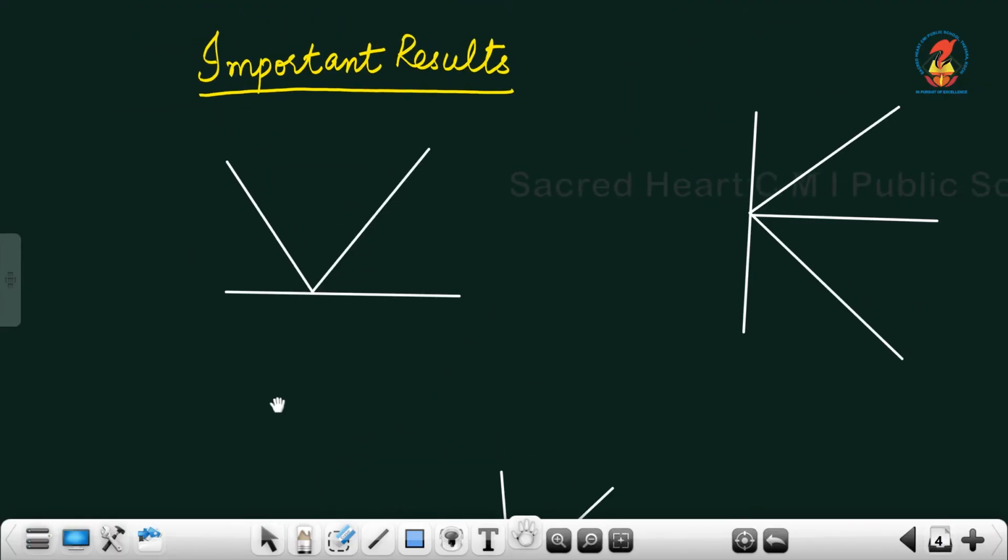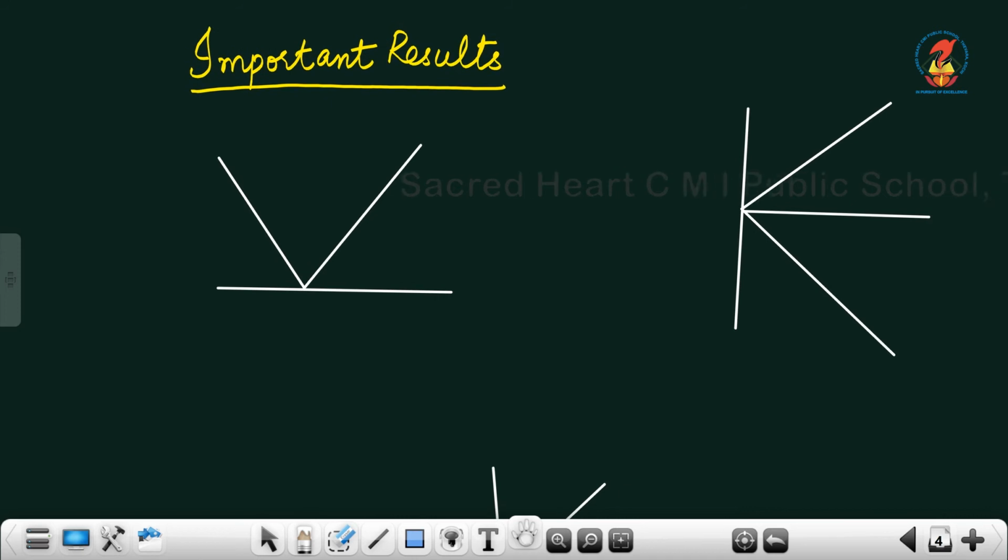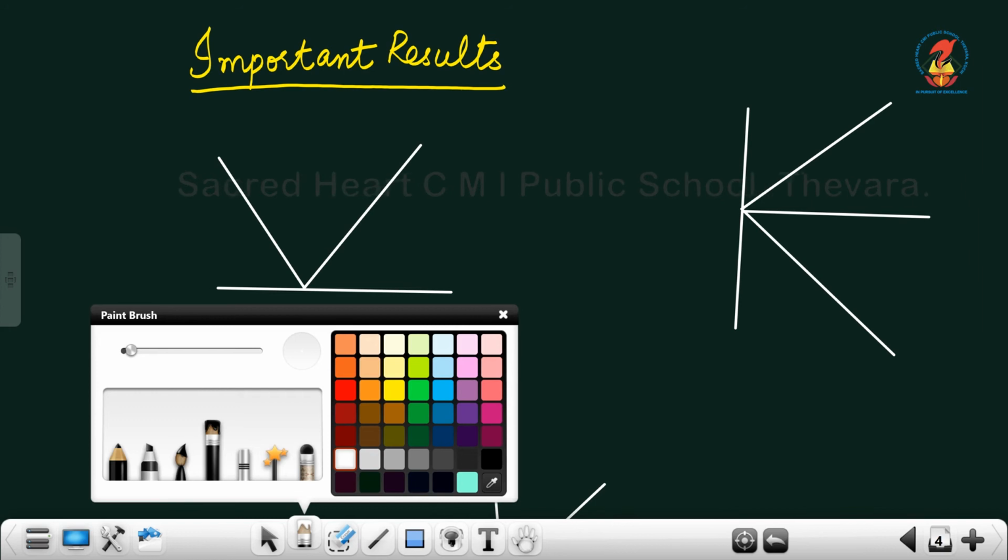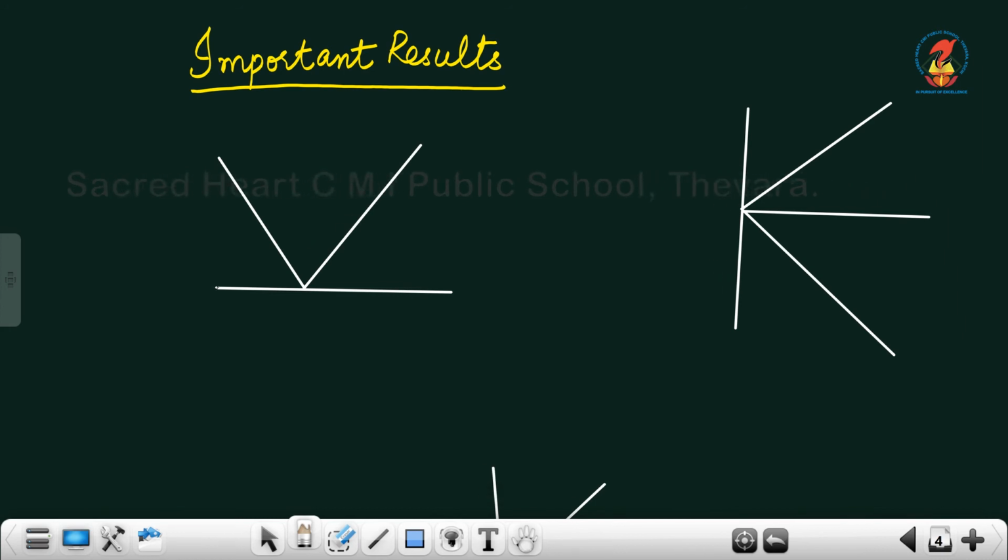Now, there are two results that you need to learn. I have drawn a line here. Now from this point, I have drawn lines in all directions. So here angles are formed.